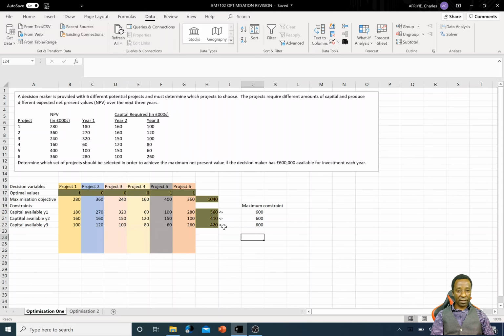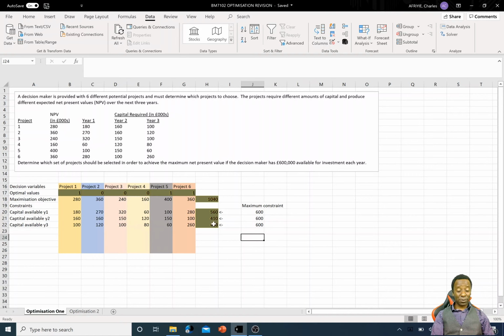The reason why we couldn't go ahead with all these is if you add them to the picture, then in each of these years, right, we'll be going beyond the 600K. So given the capital requirements of the 6 projects and given the money available, we will be able to maximize our NPV by having 1,040,000 by choosing projects 1, 5, and 6.